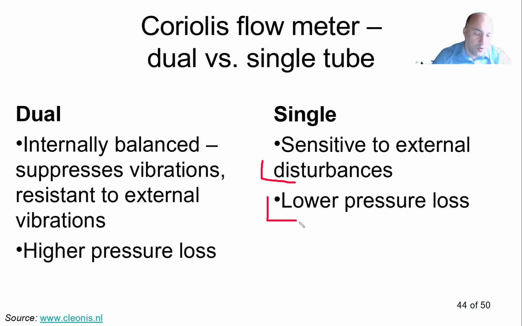It has lower pressure loss than the dual version. On the other hand, the dual version is able to suppress external vibrations. So the selection depends on what environment you use this flow meter in.